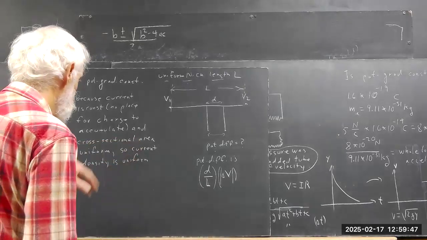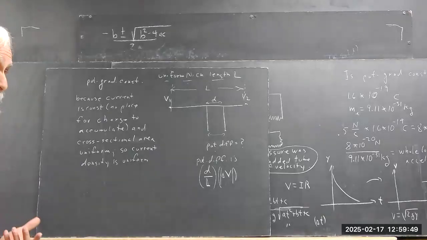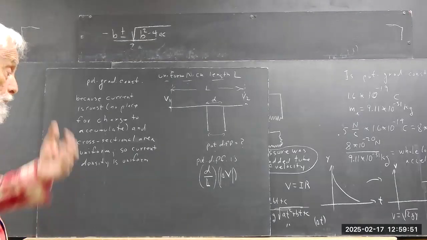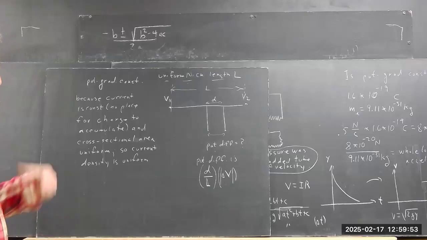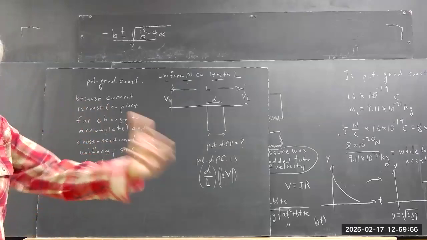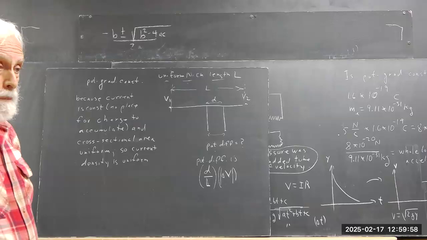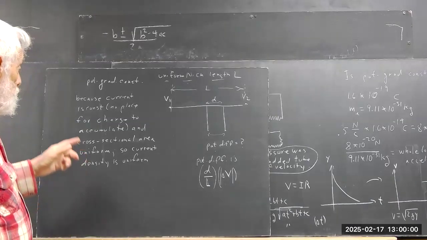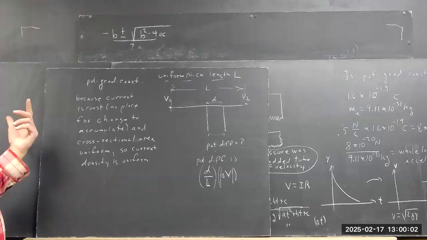And you should know the current density is current per unit area. You should also know that you multiply the conductivity by the potential gradient.